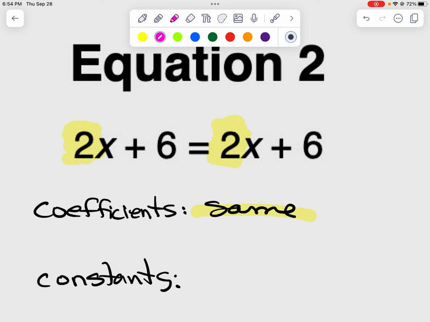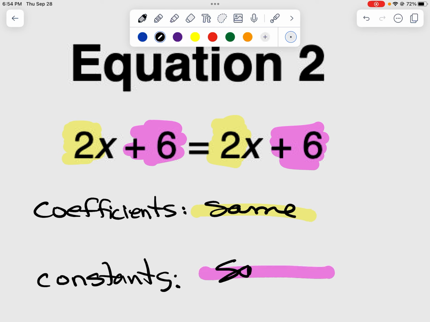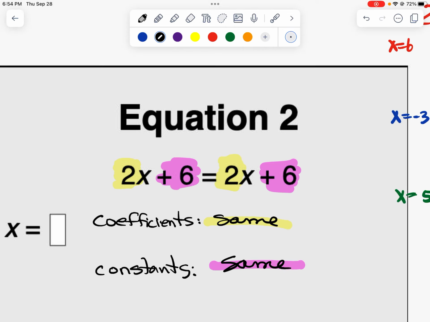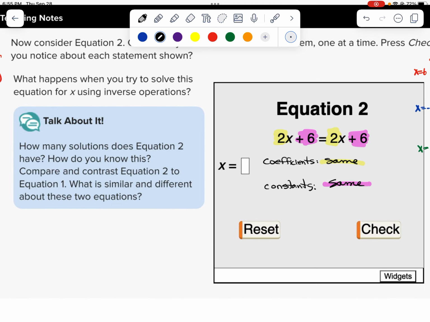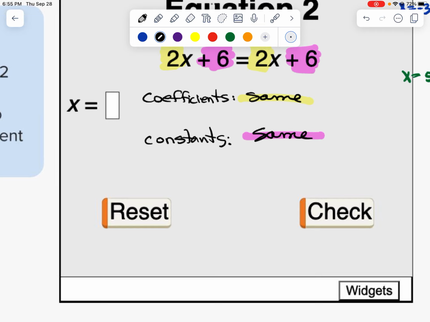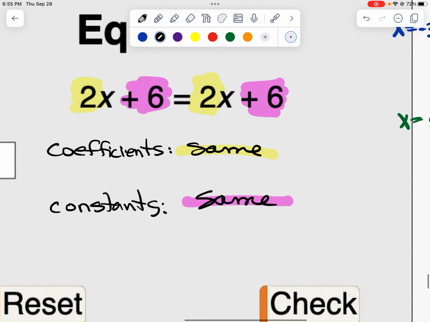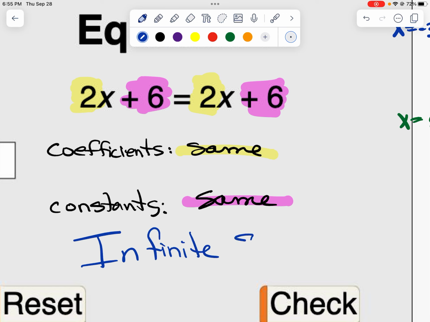Now let's look at the constants. Look at that. They again are the same. How many solutions does equation 2 have? I'm pretty sure that no matter what I put in there, it's going to be a solution. So I'm going to say there are infinite solutions.